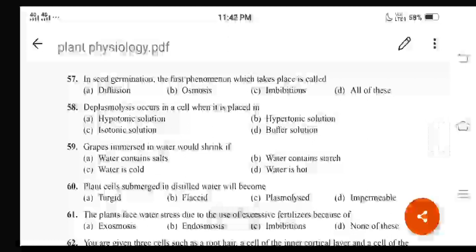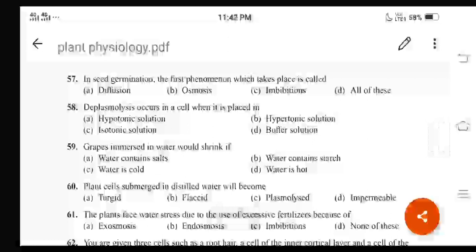Option A is the correct answer. Deplasmolysis means the plasmolysed cell will regain its original shape. When the plasmolysed cell is kept in hypotonic solution or pure water, it regains its original shape. For this process we call it deplasmolysis, right? For question number 58, option A is the correct answer, right?